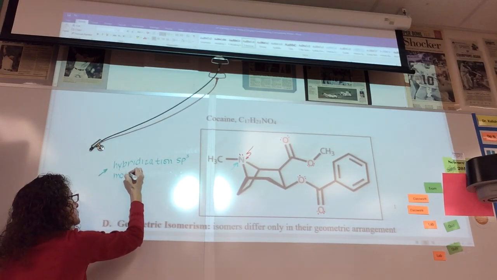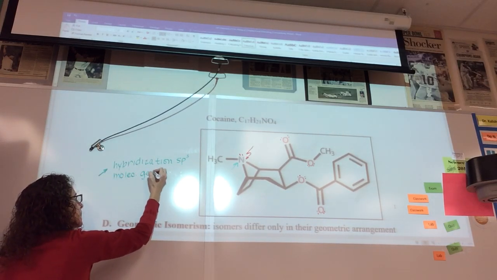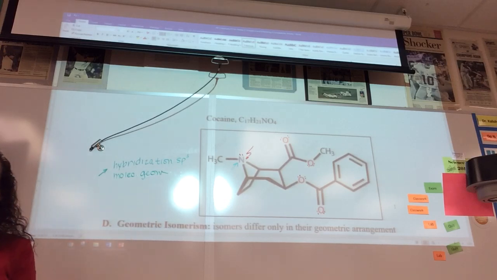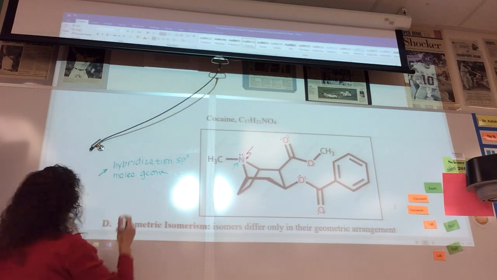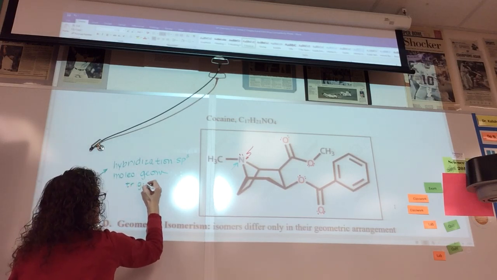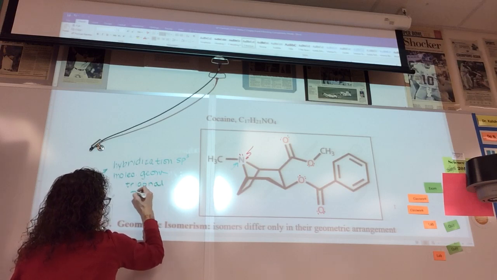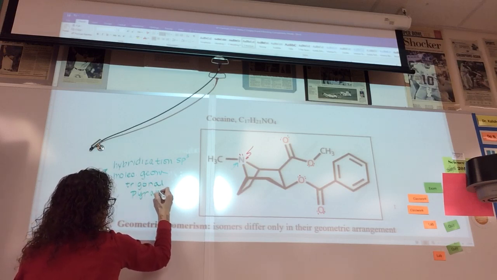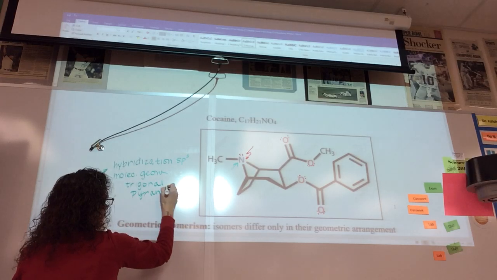What's its molecular geometry? What would the molecular geometry be? Not trigonal planar. Trigonal pyramidal. 3 atoms attached, 1 lone pair makes a pyramid.